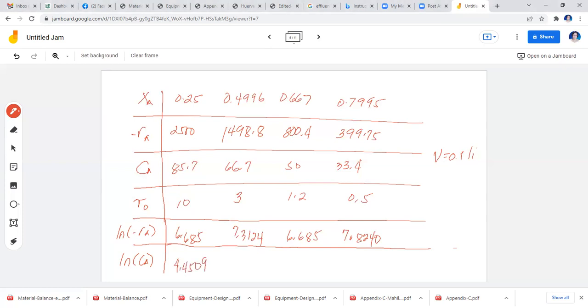Josh, 4.200. Okay. Then Jericho, 3.5086. Amit, ln of C_A, the third C_A, ln of 50.